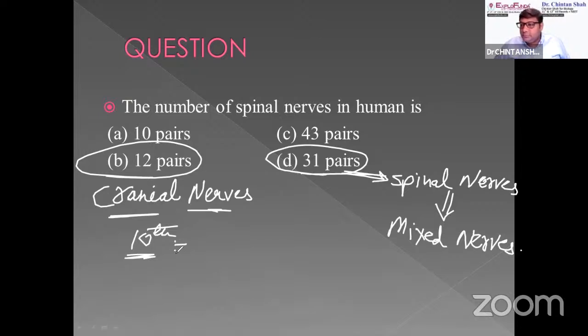Anyone know the name of the 10th cranial nerve and what is its significance? Anyone can tell me what is the significance of the 10th nerve and name of that nerve? Only that much information is required, it should be in your mind. Damya, Ritu, do you have any idea about this?